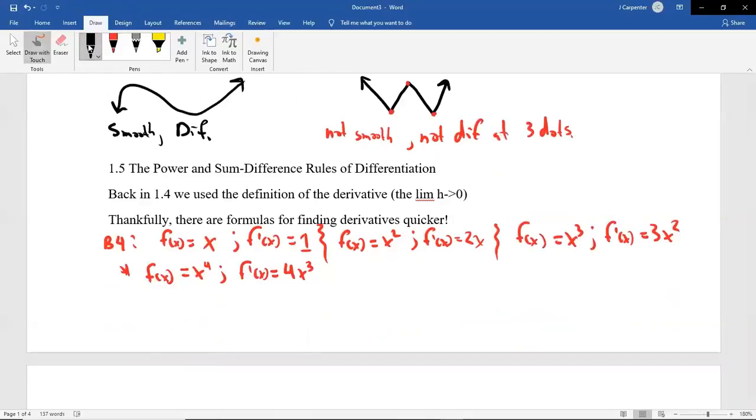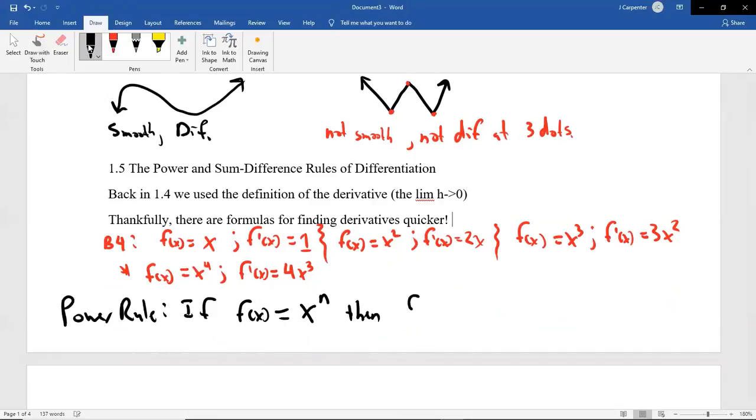The power rule states that if your function is just an x to some exponent, so n is a number, 2, 3, 9, whatever, 1, 0 even, then f prime of x is equal to n times x to the n minus 1.